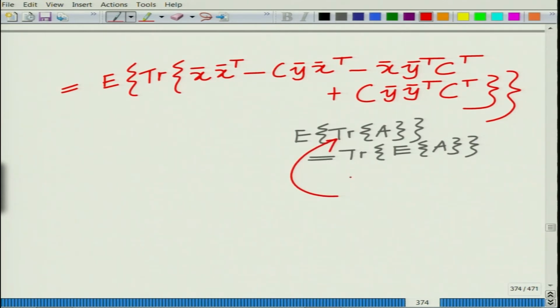Trace of A plus B equals trace A plus trace B and so on, because trace is a linear operator, and therefore, now this becomes very interesting.